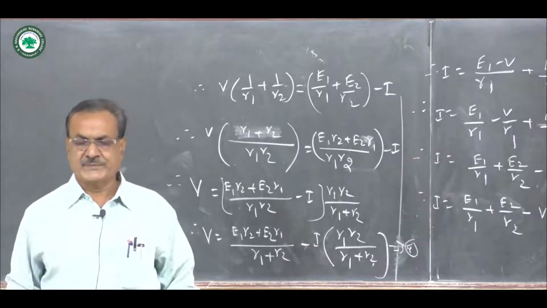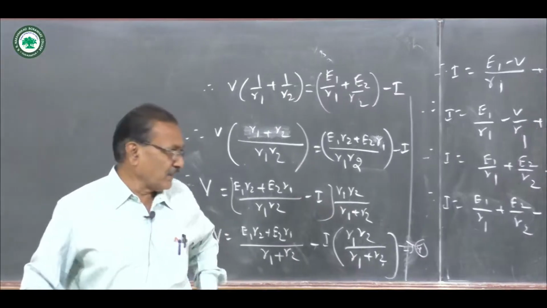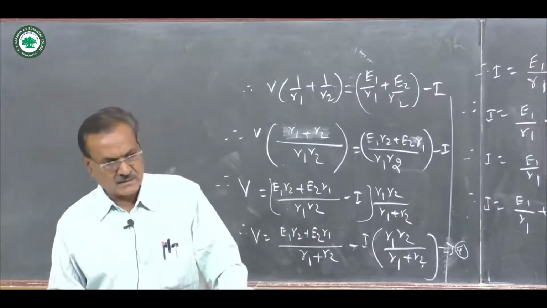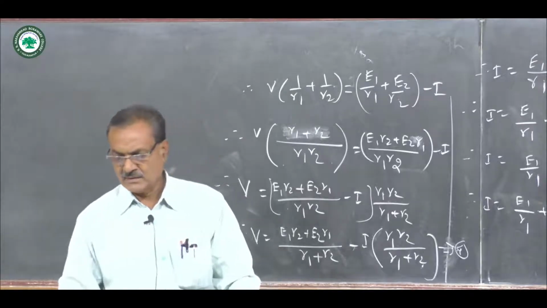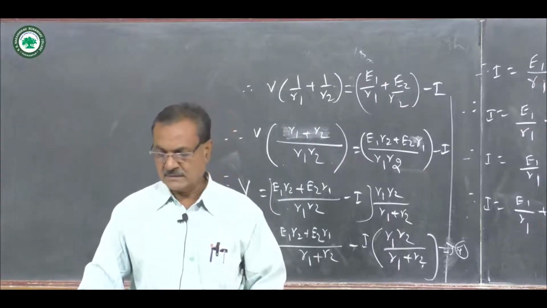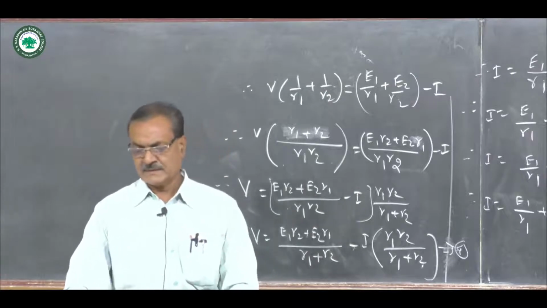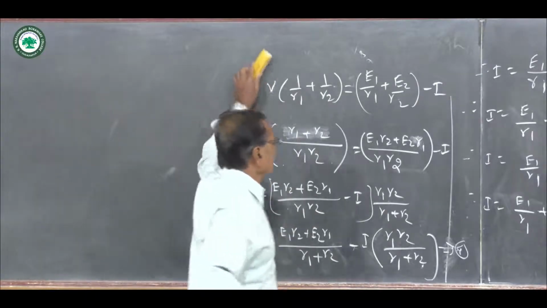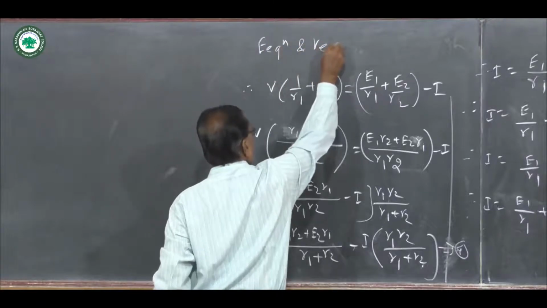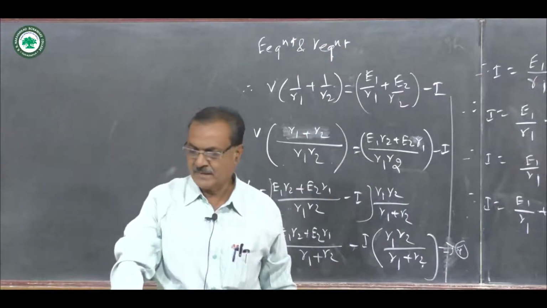If we replace the cells by a single cell connected between points B1 and B2 in the diagram, the single cell has an equivalent EMF, that is E equivalent, and the internal resistance of the respective cell is R equivalent, as shown in the figure.